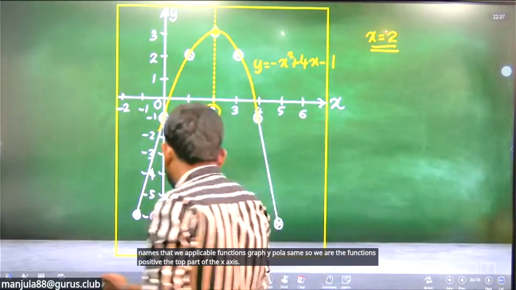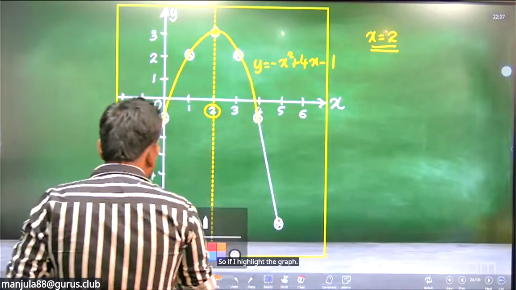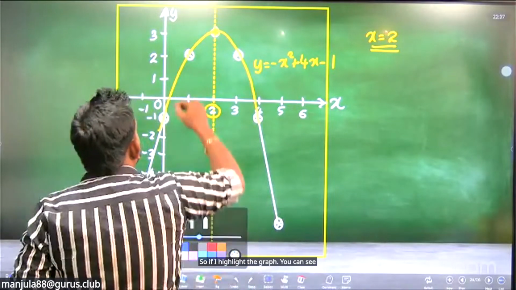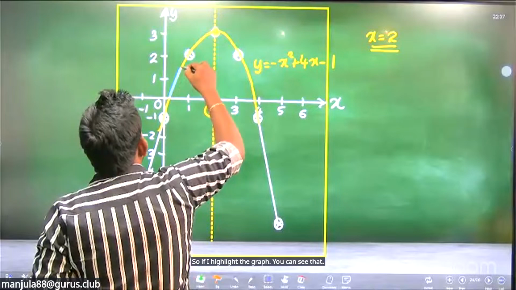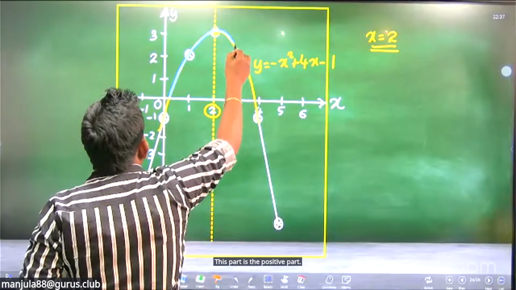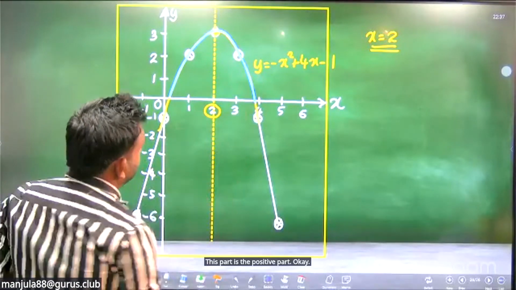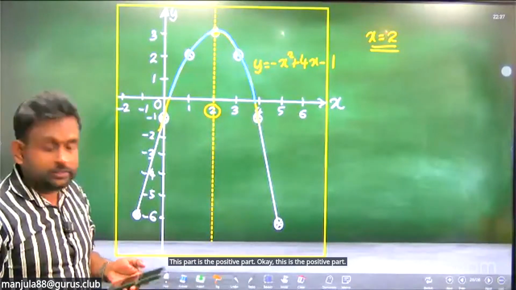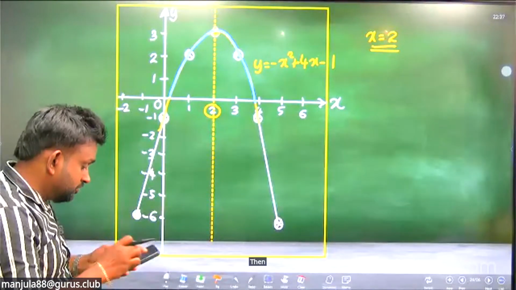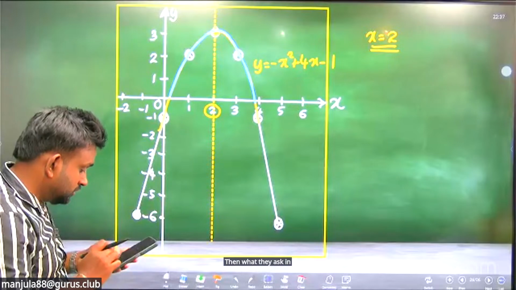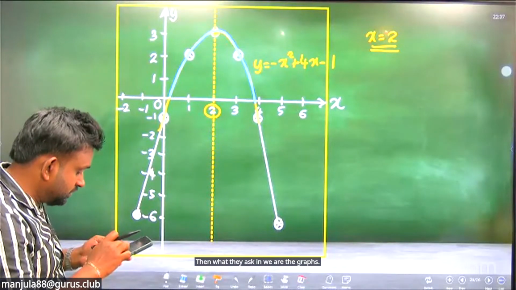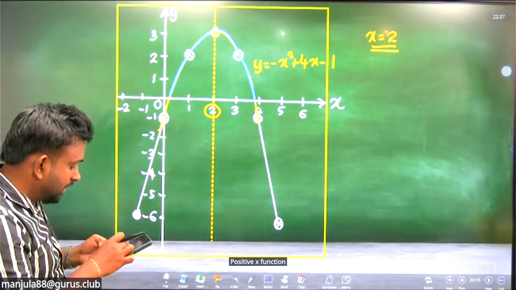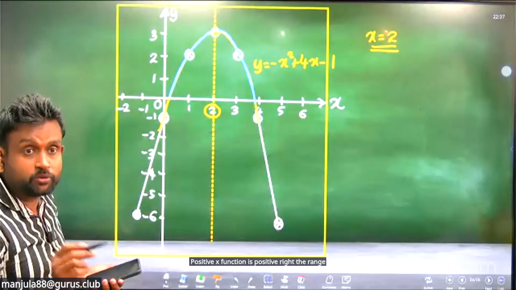So if I highlight the graph, you can see that this part is the positive part. Then what they ask is, write the range of x where the function is positive.